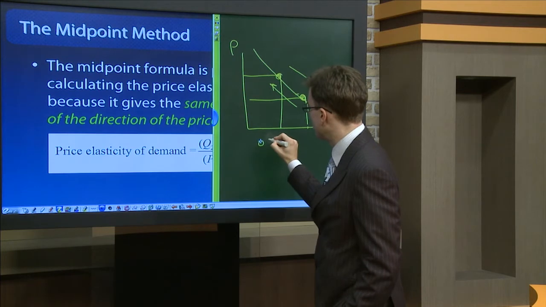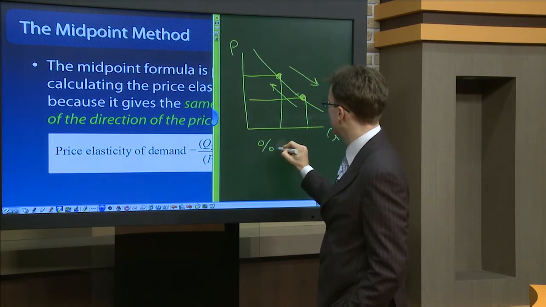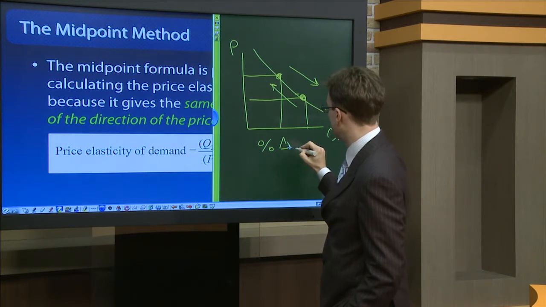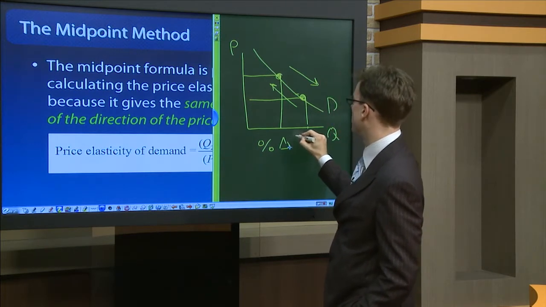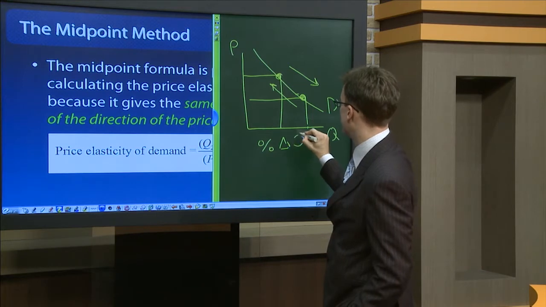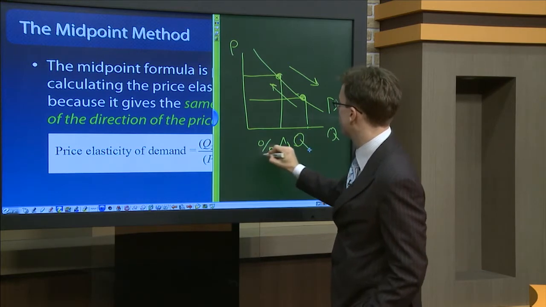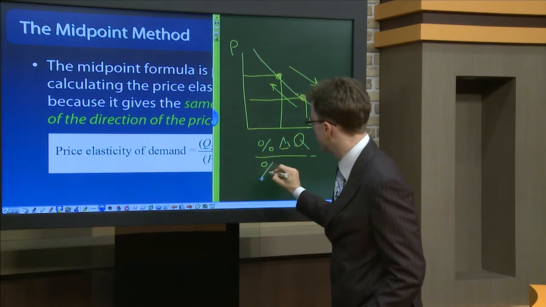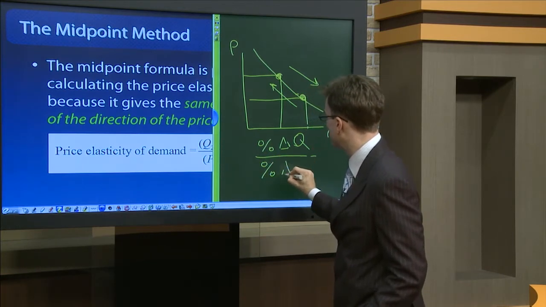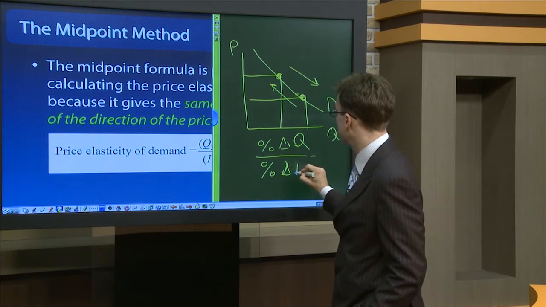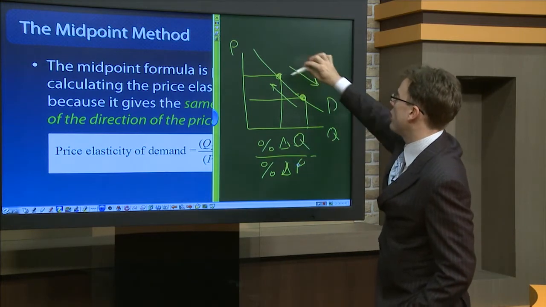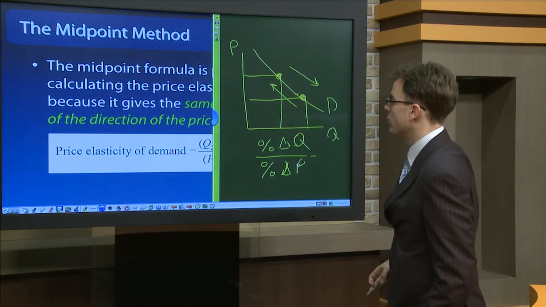So using the simplest formula for elasticity, which is the percentage change in quantity for a percent change in price, depending on which way we move on the graph, we would get a different measure of elasticity.